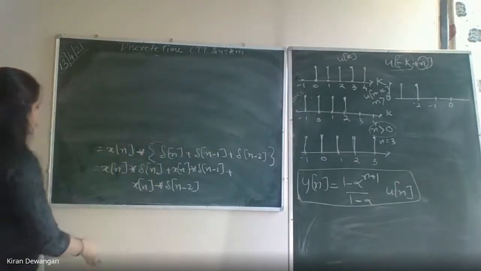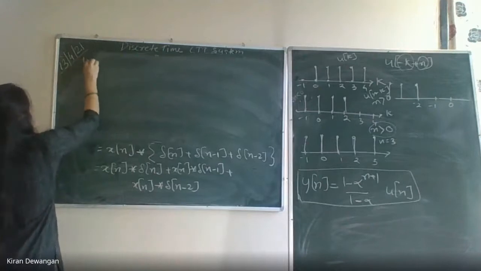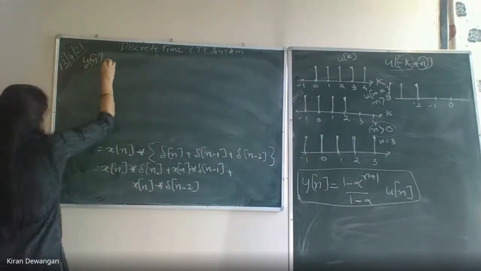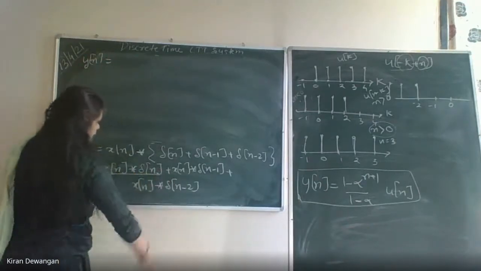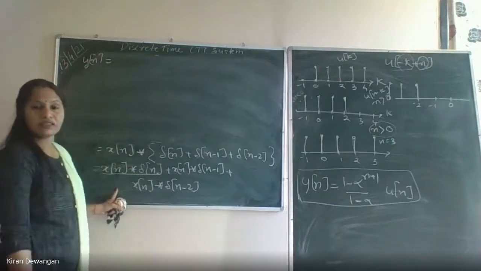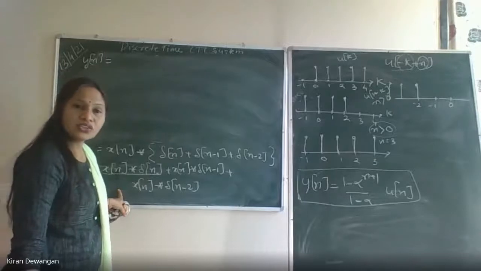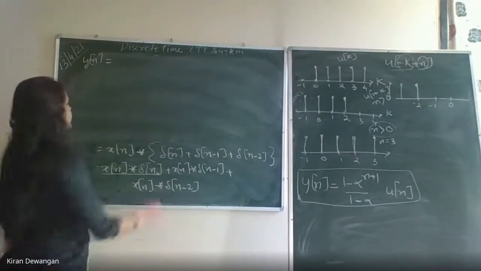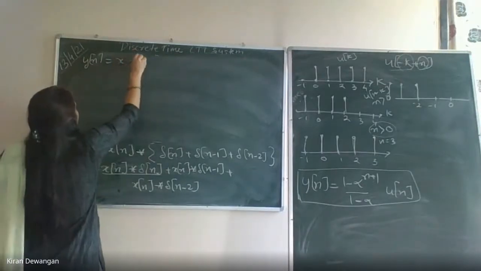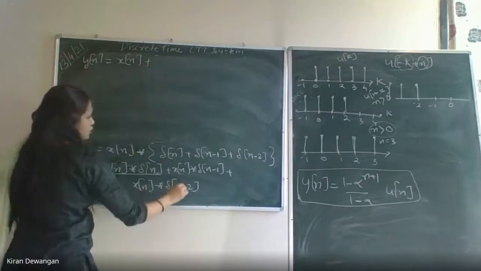Now tell me what is x of n convolution del n? What is x of n convolution del n? Yes? It is only x of n. Correct. Plus, what is it?